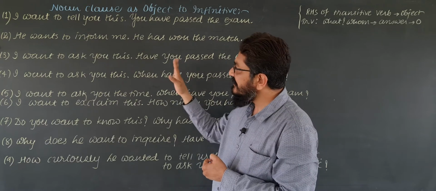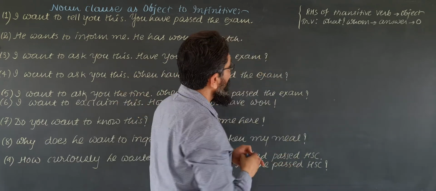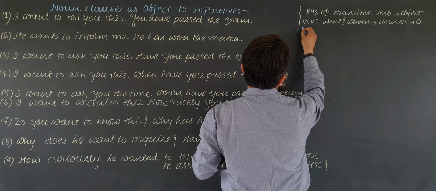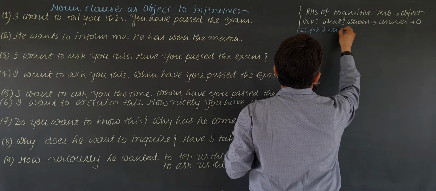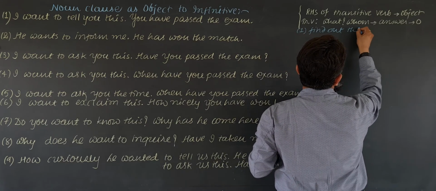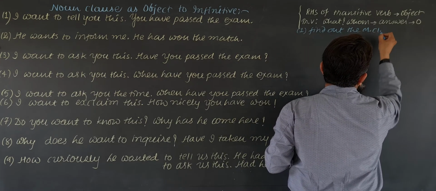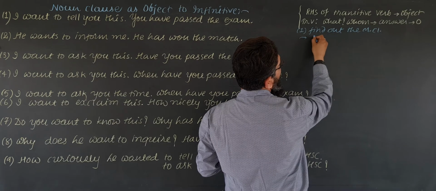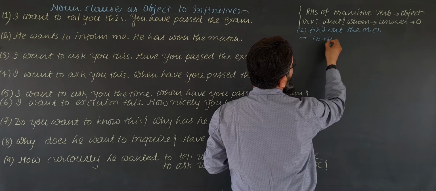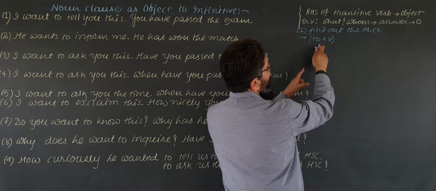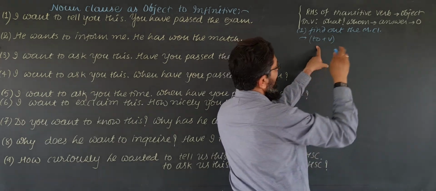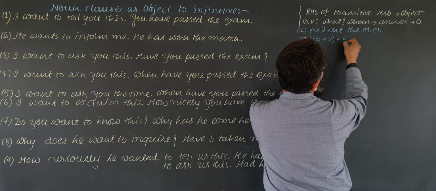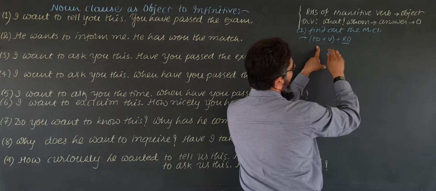And that you will learn soon. See, first of all, do you know what you have to do? You have to find out the main clause. How will you find out main clause? You will look for infinitive. Once you find infinitive, to plus verb, and it will be having one removable object right hand side.